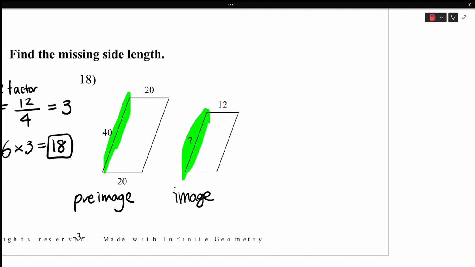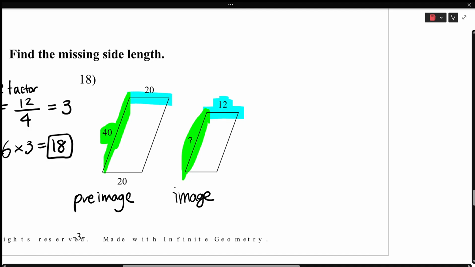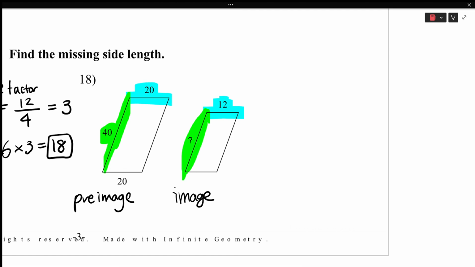I know these two match, and I know these two match. So let's find the scale factor using the blue sides, 12 and 20. This one's not as obvious. How do you go from 20 to 12? You're getting smaller, so our scale factor has to be less than 1.